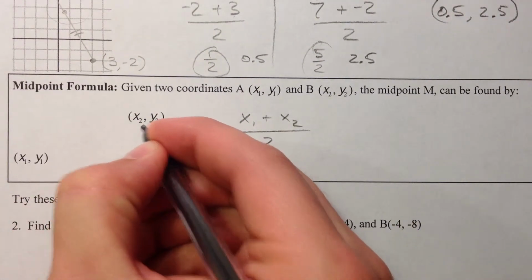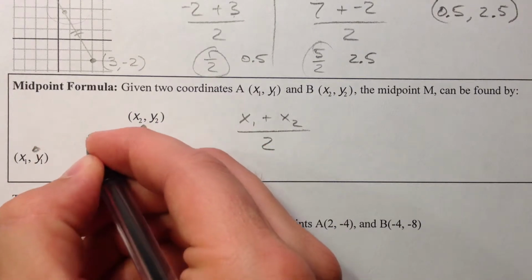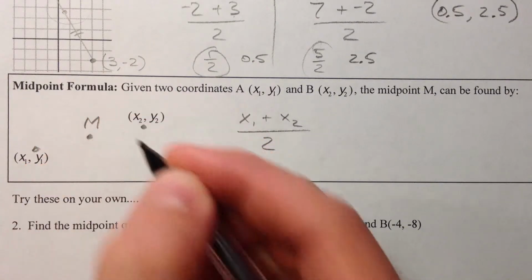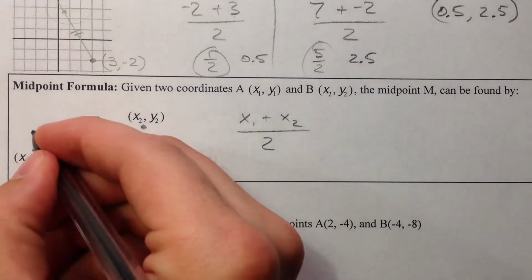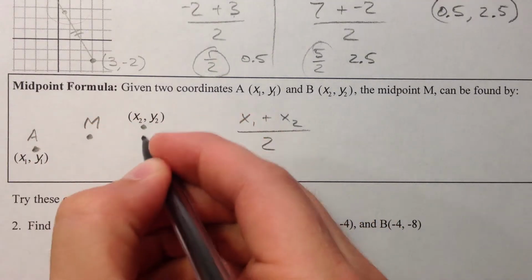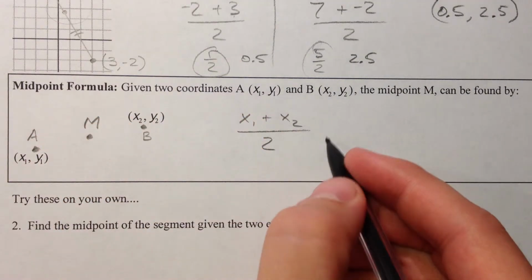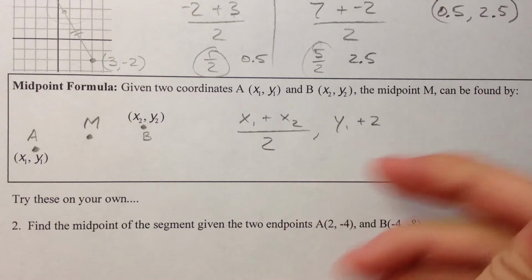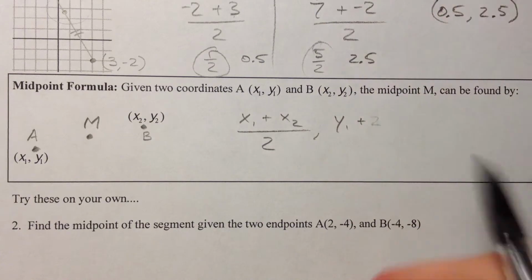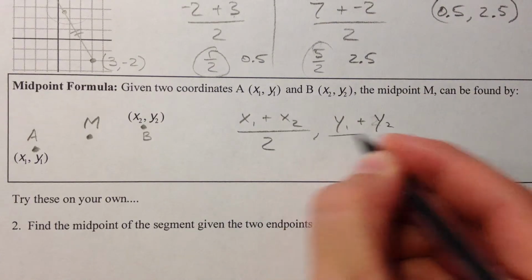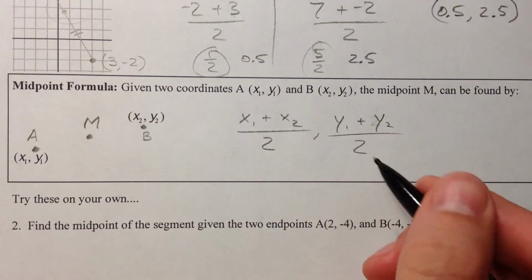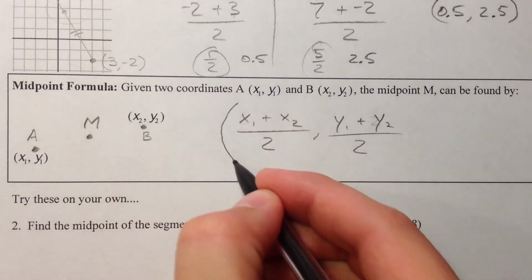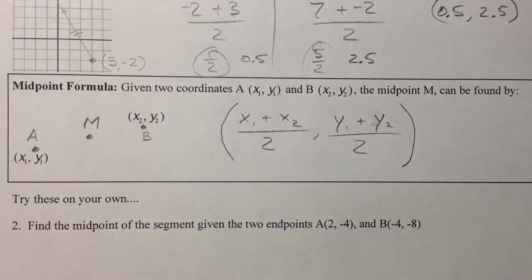And this works no matter what. So this midpoint between A and B will always be add the x's, add the y's, and divide them both by 2. y1 plus y2 divided by 2. And so remember that your midpoint is a point.